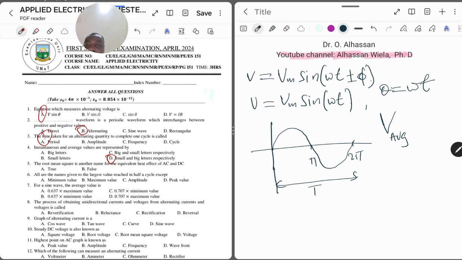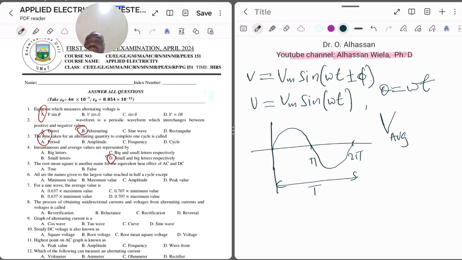Now question 5. The root mean square is another name for the equivalent heat effect of AC and DC. So here the answer is true, right? When you talk about root mean square, it's also the equivalent heat effect, or the power, right? The same power that is going to be dissipated by a DC current as an alternating current, right?